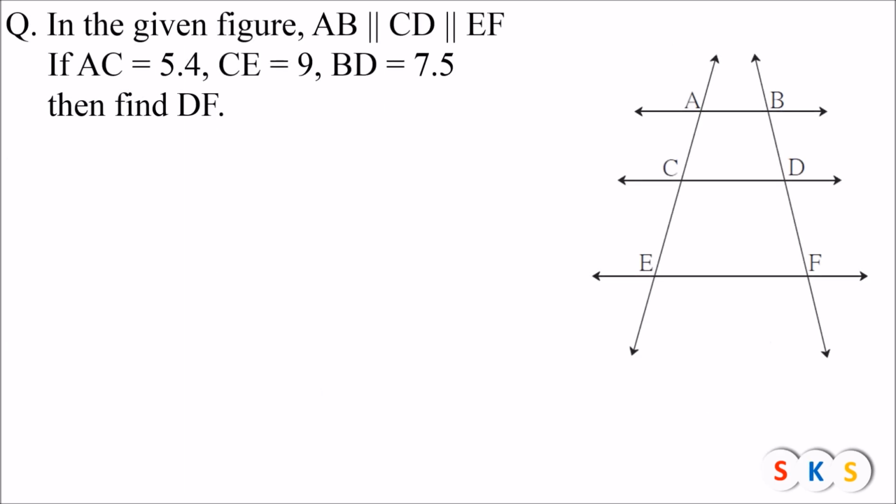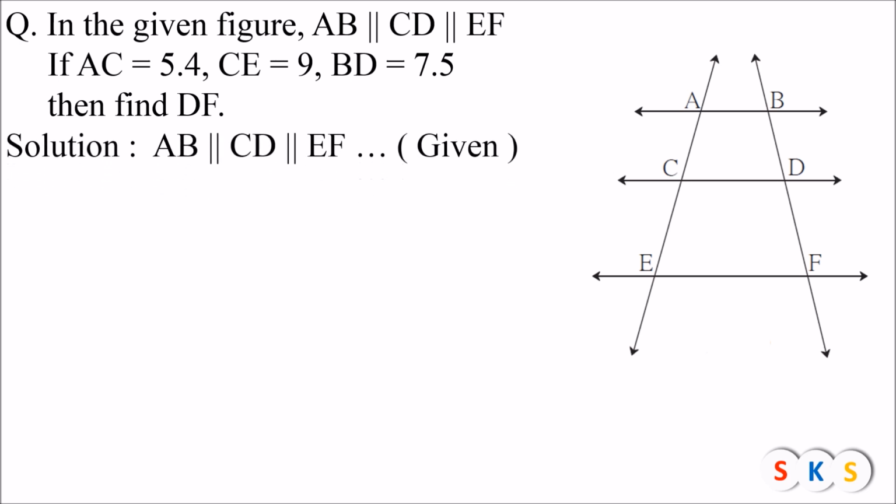Here we have the next question based on the property of 3 parallels and their transversals. It is given that in this figure AB is parallel to CD is parallel to EF, and AC is 5.4, CE equals 9, BD equals 7.5. Find DF.